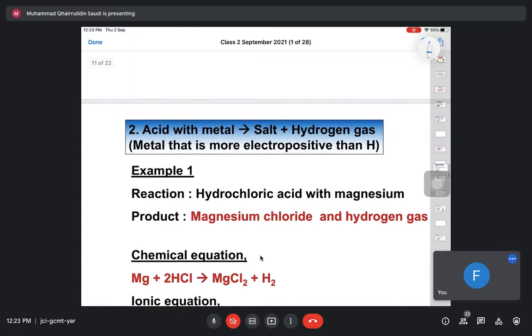So that is one. Acid can react with base to produce salt and water. Okay, the next one, the second chemical properties for acid is acid can also react with metal. Okay, cuma ada syarat. This metal need to be more electropositive than H, than hydrogen. You already learn about the electropositivity of metals, right?